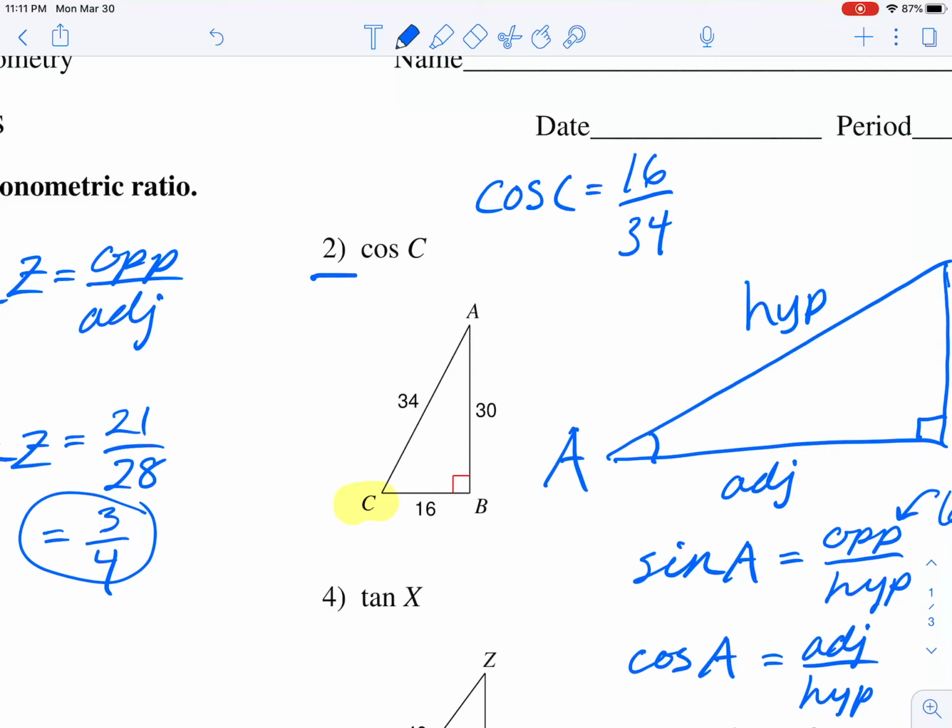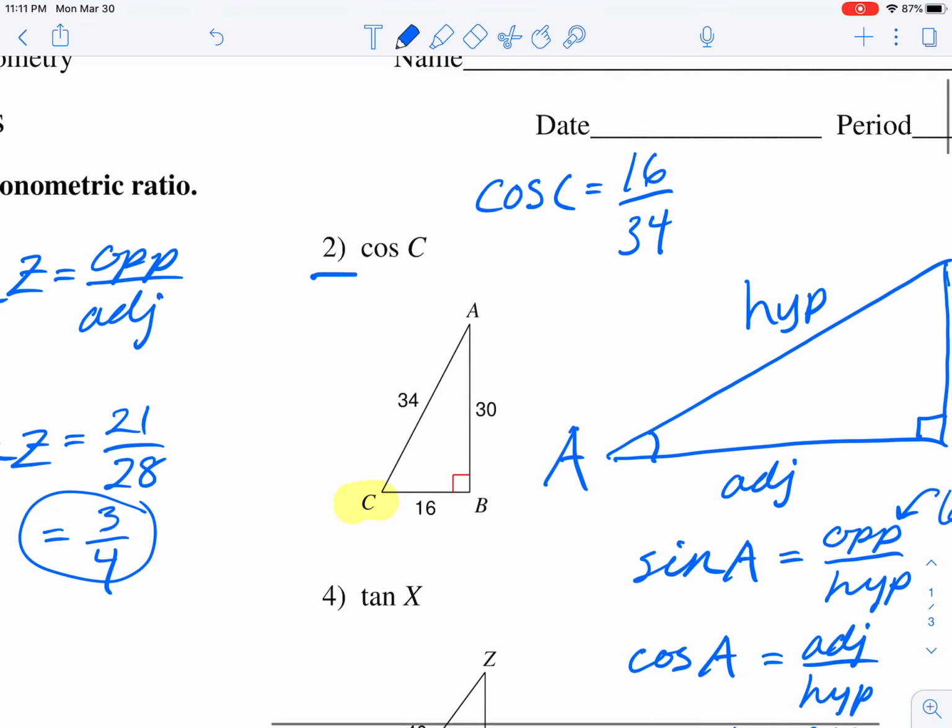Again, we can simplify. They're both divisible by 2. That's going to give us 8 over 17. We'll call it good.